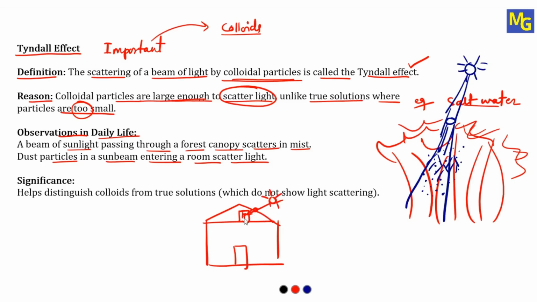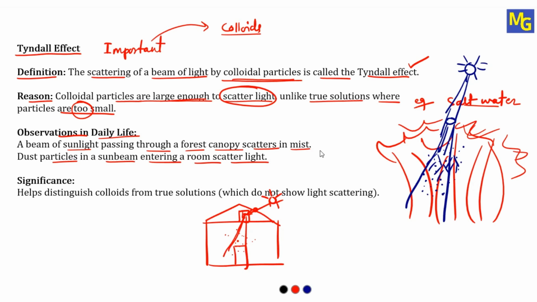And once it enters, the beam of light will spread like this. Why? Because in the house there will be so many dust particles present in the air. These dust particles will scatter the light, as I explained in the forest.